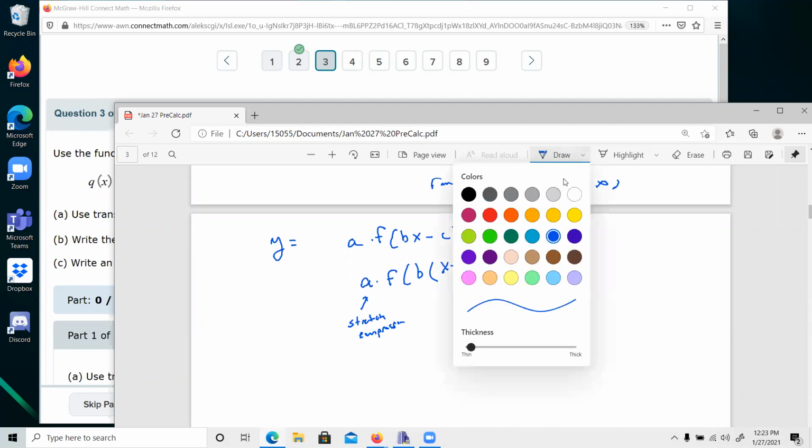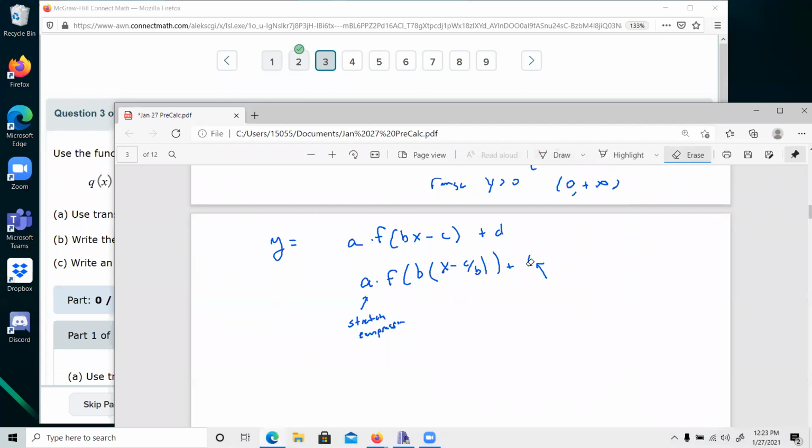See, you know what I really should have done was be clever and did something like this, right? So D, that's a vertical shift. It was in the direction of the sign, right? Plus meant up, minus meant down. Okay.